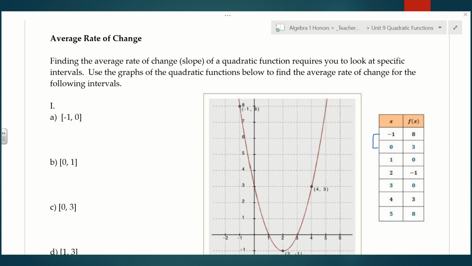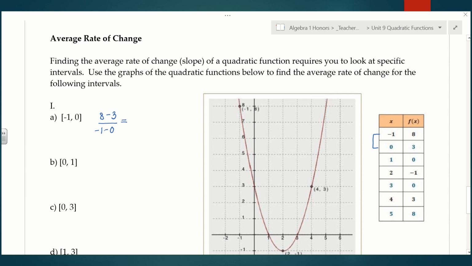We're still going to say the change in y over the change in x, or y2 minus y1 over x2 minus x1. I'm going to start with the difference in my y values, 0 minus 3, over the difference in my x values. Remember, whatever order you choose for your y values, you have to do the same order for your x values.